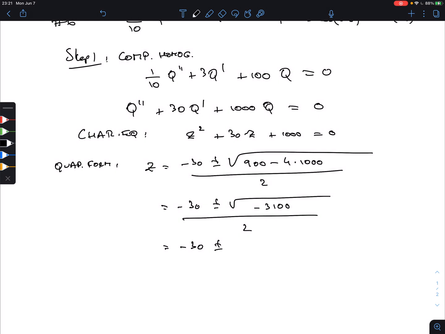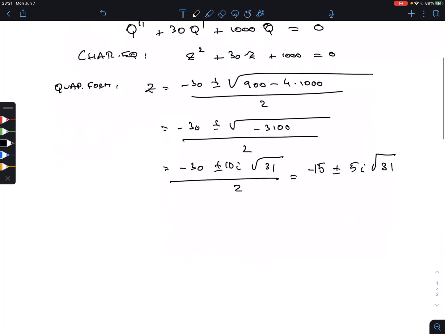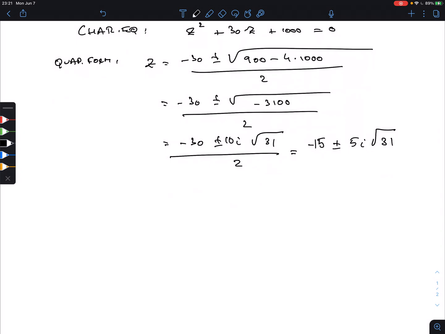So plus and minus, there's an i. There's 100 in there, so the radical of that would be 10. So 10i, and then inside the radical would be 31, divided by 2. You can divide everything by 2. That makes it a little bit easier. Minus 15 plus or minus 5i radical 31. So this is again two complex numbers, lambda plus or minus omega i, right?